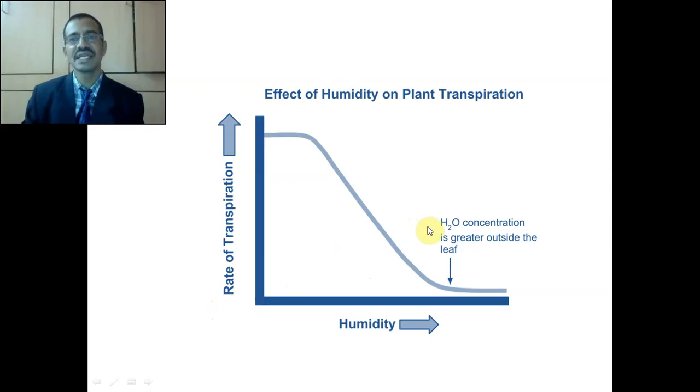There is less water potential gradient when there is more humidity in the atmosphere. So the rate of transpiration is decreased when the humidity is more in the atmosphere.